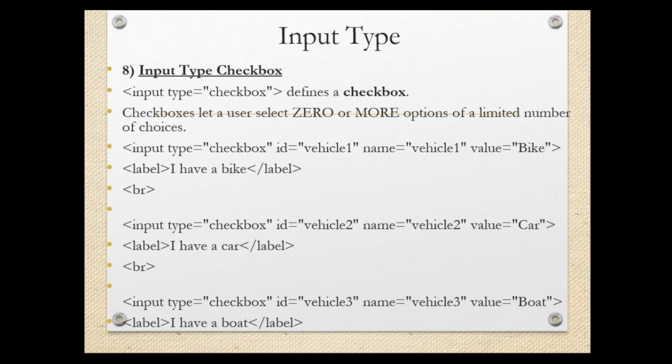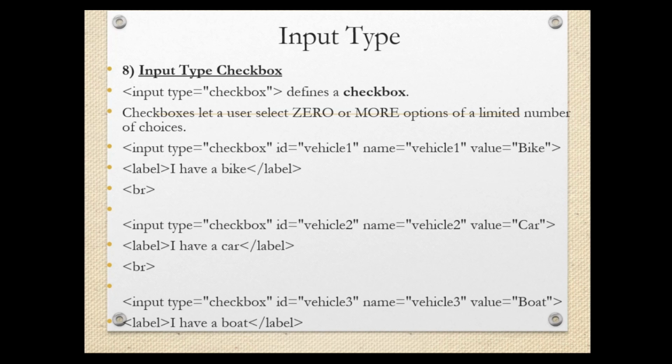Next one we have is input type checkbox. Input type equal to checkbox defines a checkbox. A checkbox lets a user select zero or more options out of a limited number of choices. So basically, students, a checkbox is where you can select more than one value at a time. In a radio button you can select only one value at a time, but in a checkbox you can have multiple value selection at the same time.